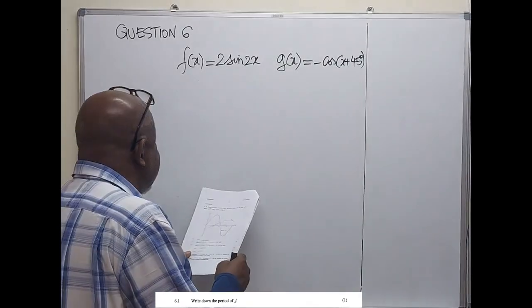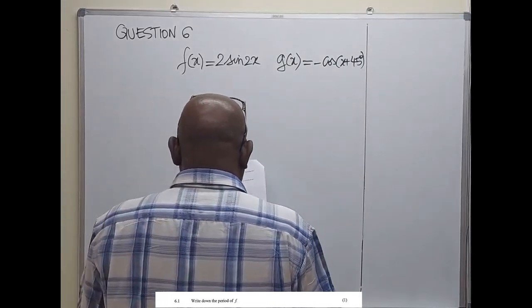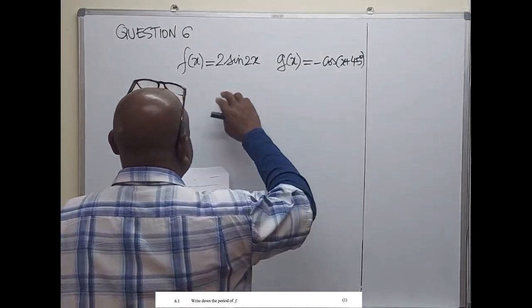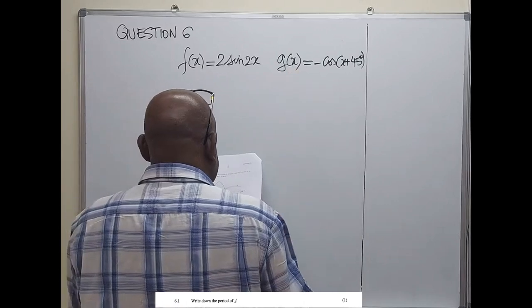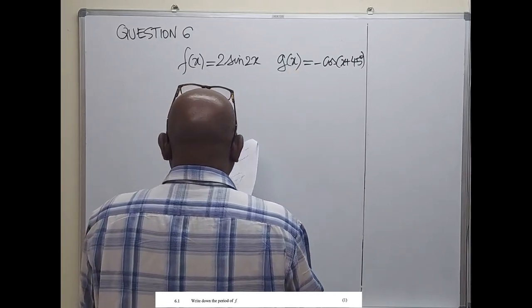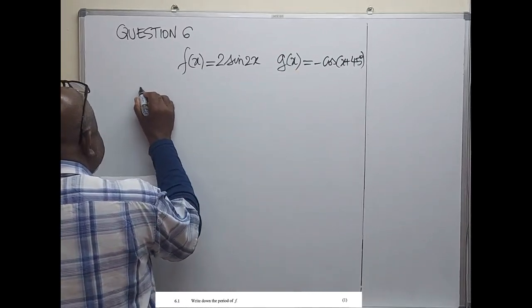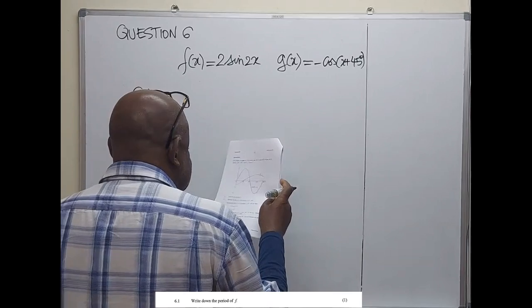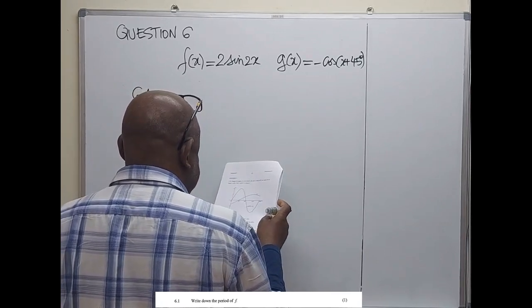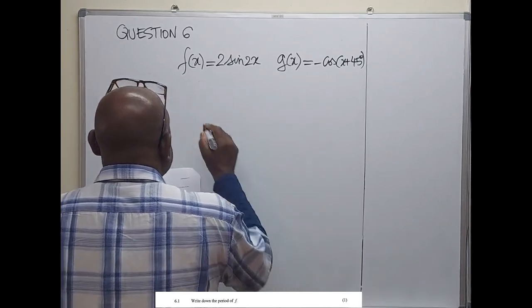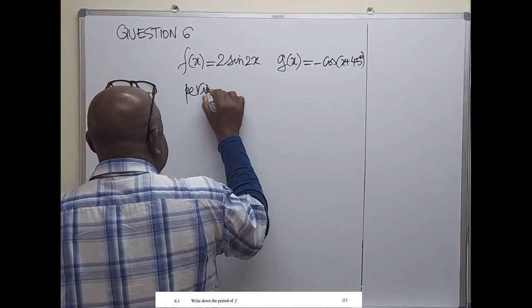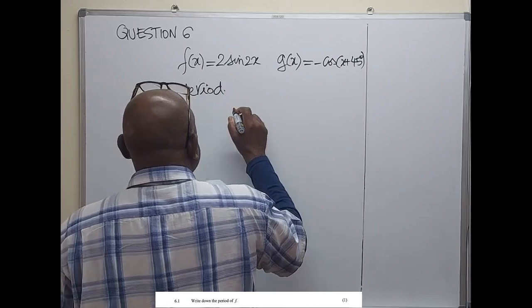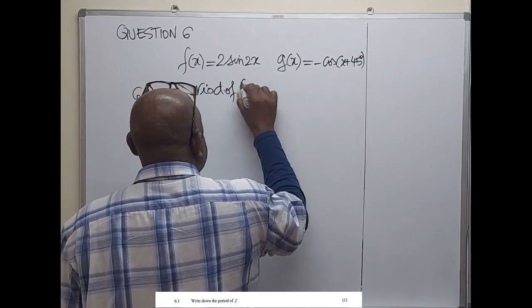All right, so when you watch your diagram, you will see that we're having these two functions, f of x and g of x. Now, the first question is 6.1: write down the period of f.